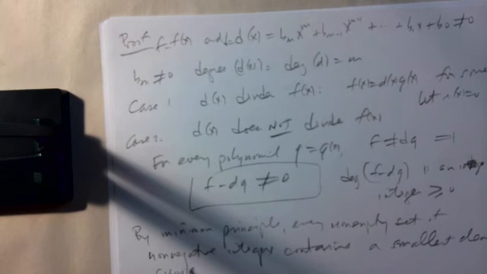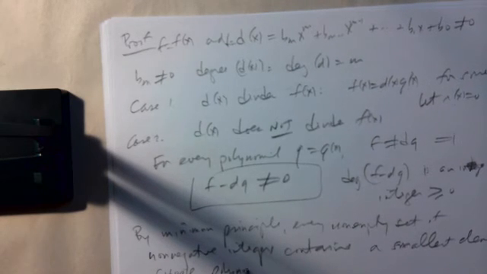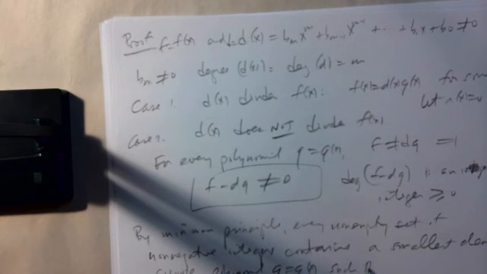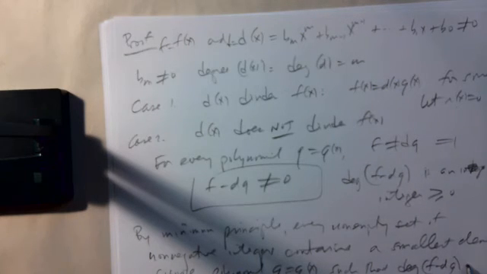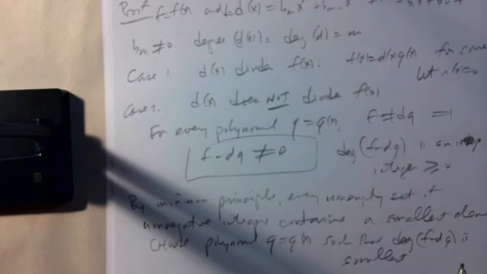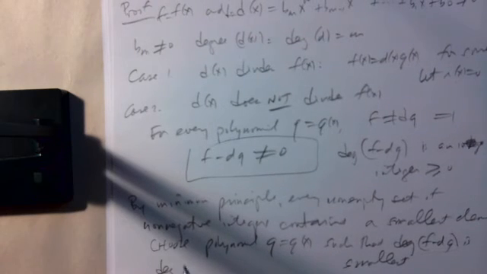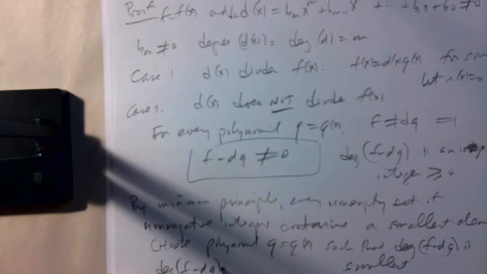So choose a polynomial q such that the degree of f minus dq is the smallest non-negative integer that can be represented in this form. The minimum principle says that every non-empty set of non-negative integers has a smallest element. So suppose the degree of f minus dq is L, some non-negative integer.